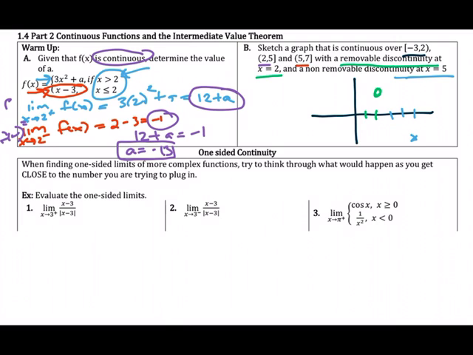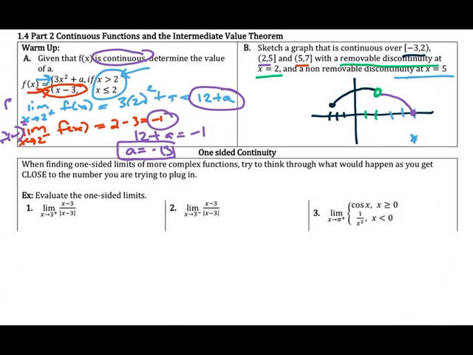I'm going to put a little star here so I remember that I need to have some sort of jump discontinuity there. So I'm going to go up the closed interval from negative 3 to 2. I'm going to start here and go to this hole. And then from 2 to 5, that is a closed interval from 2 to 5.